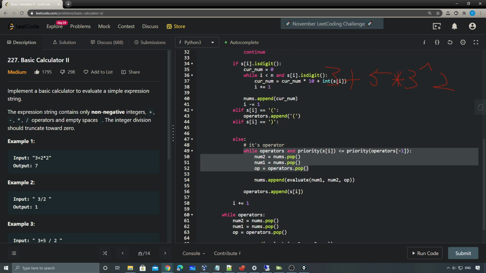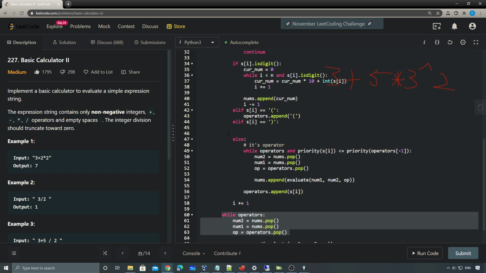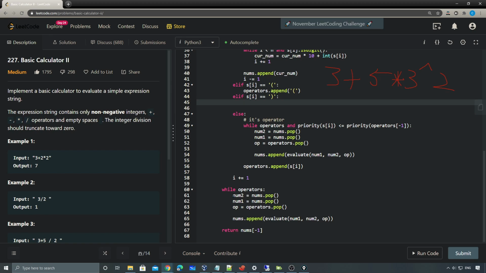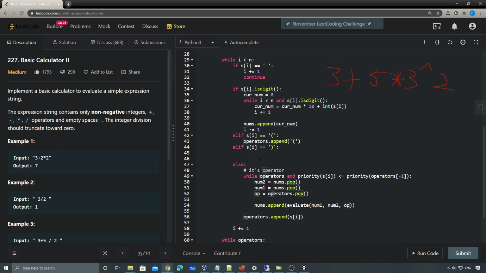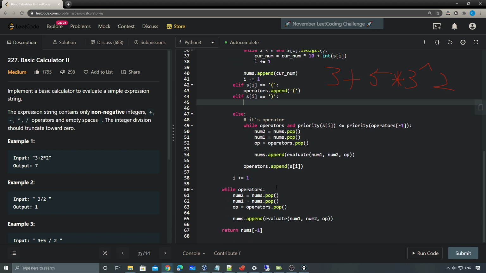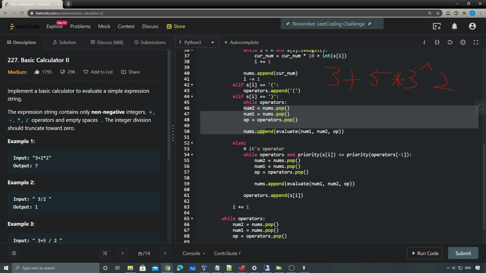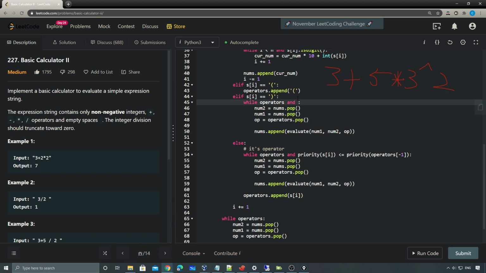So whenever we see an ending parenthesis or we have reached the end of this string, we can safely pop from the top to calculate that and then add it back, and then do an evaluation with those two numbers plus the operator. So we can simply copy and paste this part, but the only thing we need to add here is: and operators minus one is not equal to the left parenthesis.